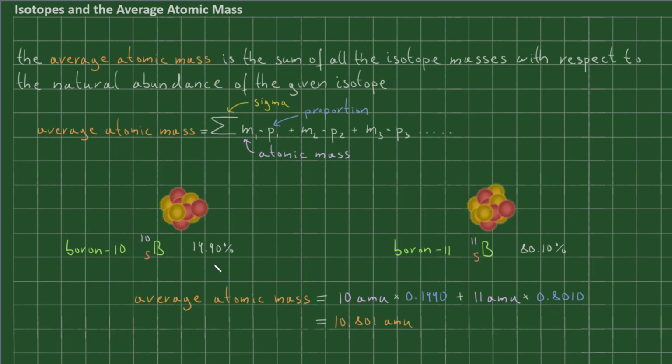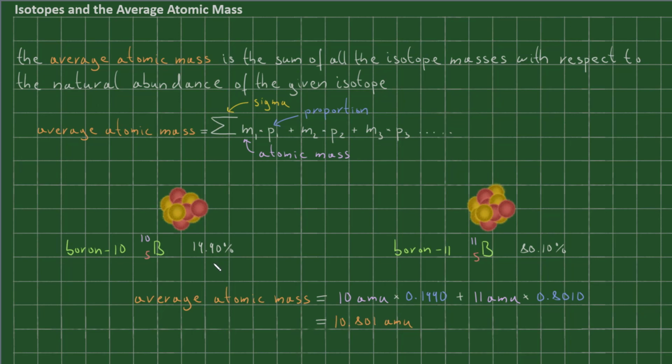So there will be small discrepancies. It is good practice to pick one periodic table of elements and stick to the values provided by it. Or alternatively, if you are solving a problem, use the average atomic masses that are given to you by that problem. We will explore that in later videos too.